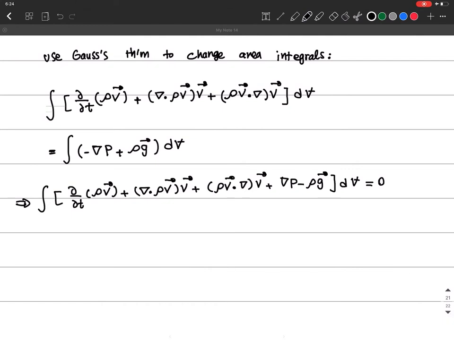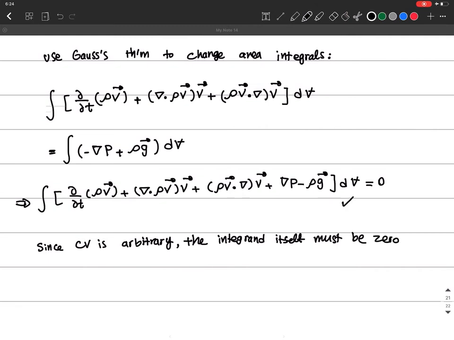Again, similar to the continuity equation, since the CV is arbitrary, the integrand itself must be 0, because this equality is valid for any arbitrary CV. The only way it can be valid is if the integrand itself is 0.